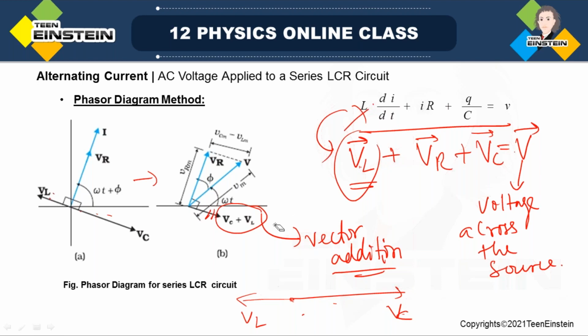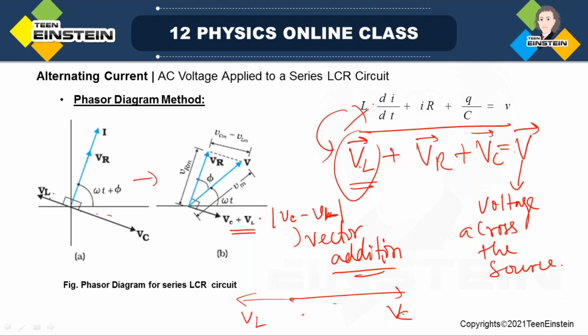I'll just erase this part. Look, this vector addition is written as VC plus VL, but it has magnitude VC minus VL, the voltage drop across the capacitor minus the voltage drop across the inductor.